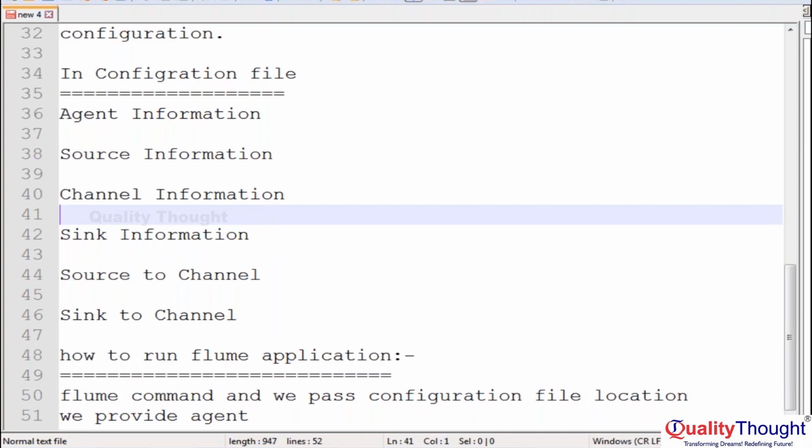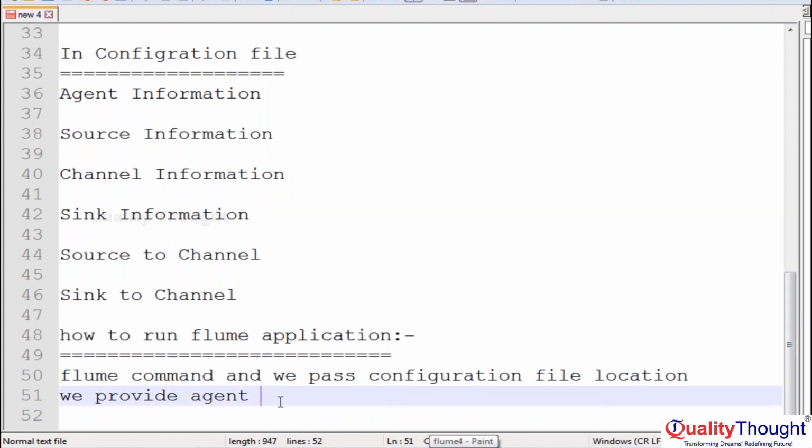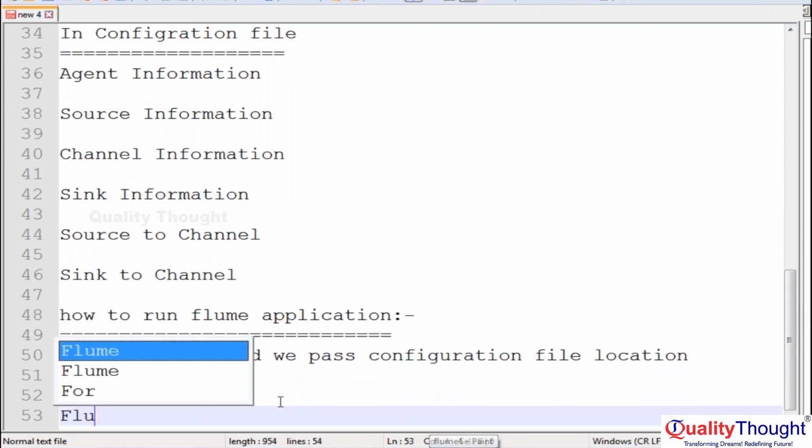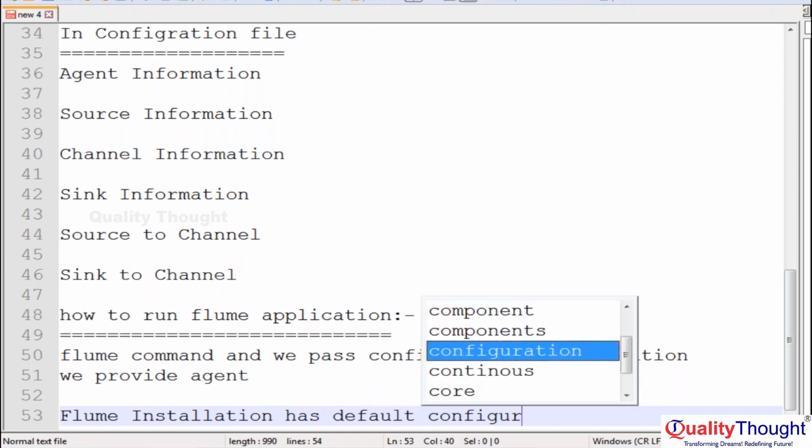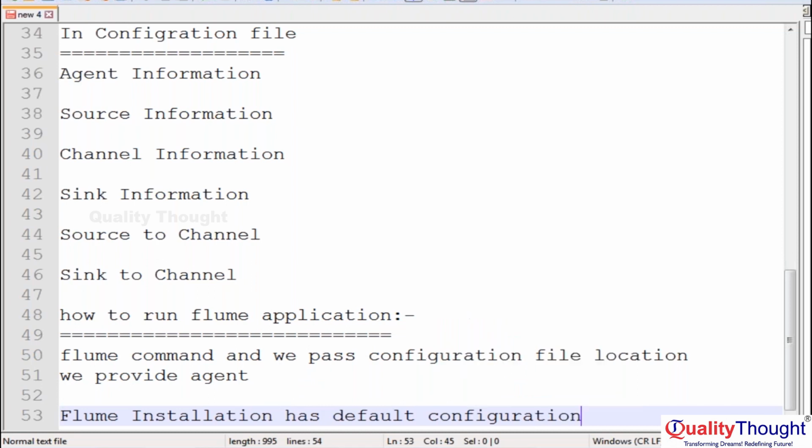Let's see the default configuration file. The Flume installation location has a default configuration file. Let me show that location.